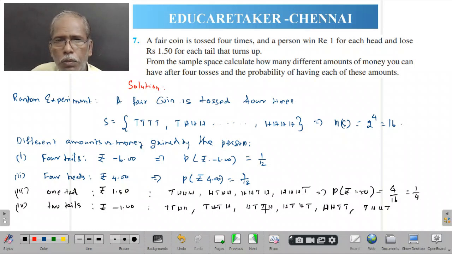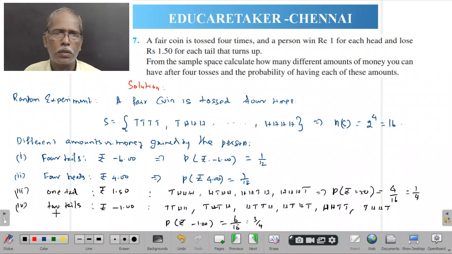Total 1, 2, 3, 4, 5, 6. There are 6 possibilities. So the probability of getting the amount minus 1 rupee is 6 out of 16, that is 3 by 8.